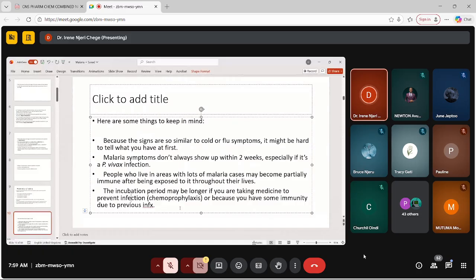Profuse sweating, headache, nausea, vomiting, abdominal pain, diarrhea, anemia, muscle pain, convulsions, bloody stools. Okay, those are some of the signs and symptoms of malaria. Then we can have a diagnosis there.